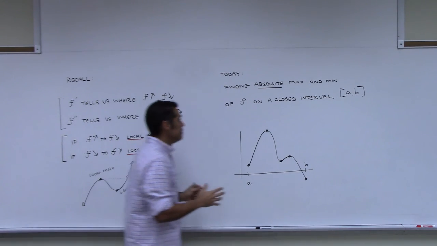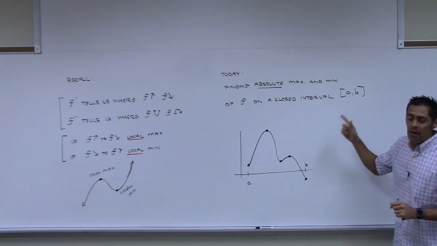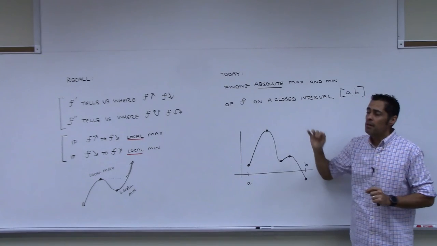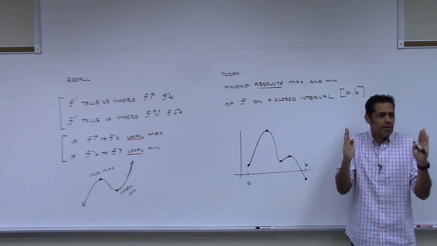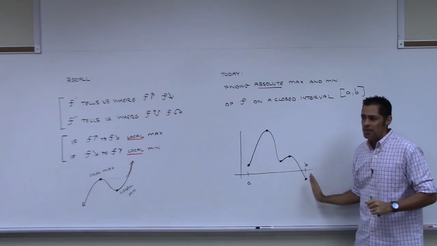Today what we're going to do is find what's called the absolute maximum and minimum of a function. But to be able to find the absolute max and min, we have to restrict our actual function domain. We have to start it and stop it somewhere.